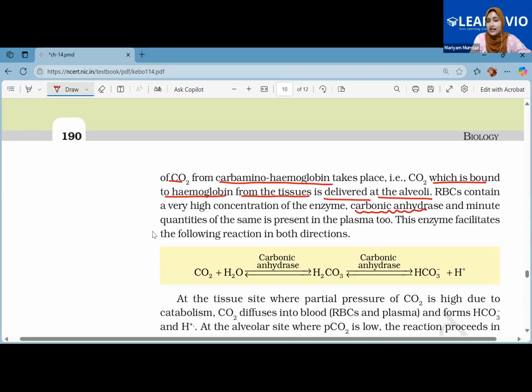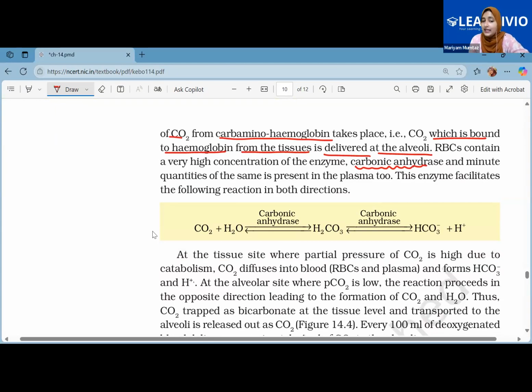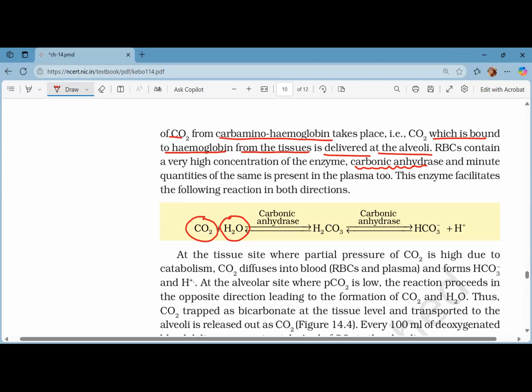And what it does is that, with the help of carbonic anhydrase, whenever the CO2 combines with the water molecule, it forms H2CO3. And in the presence of carbonic anhydrase, when you break down this molecule, you get the bicarbonate ion.